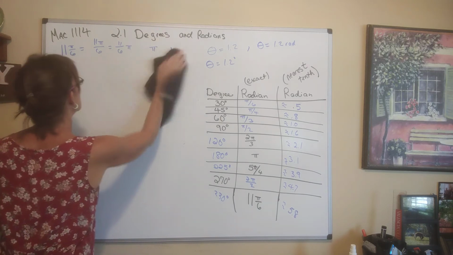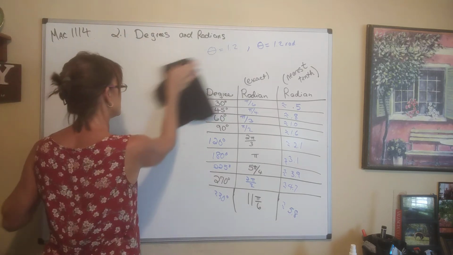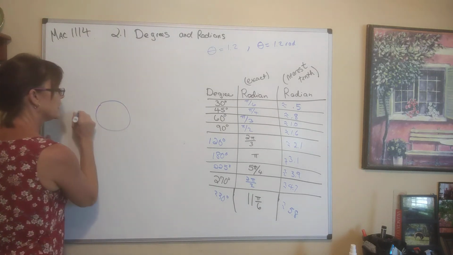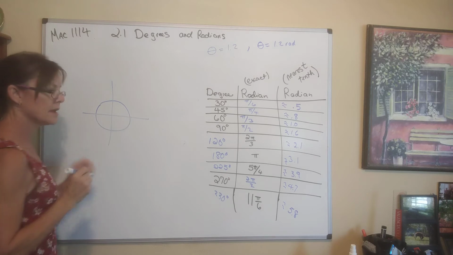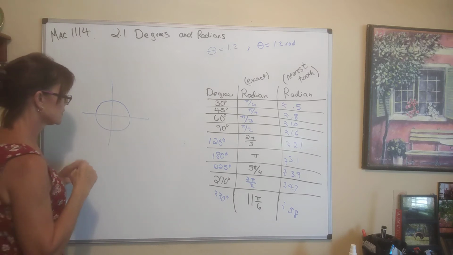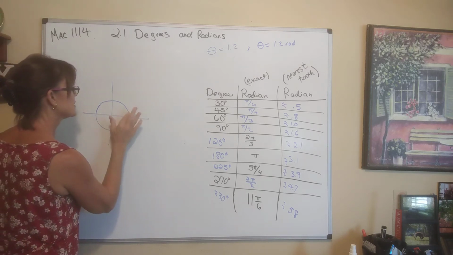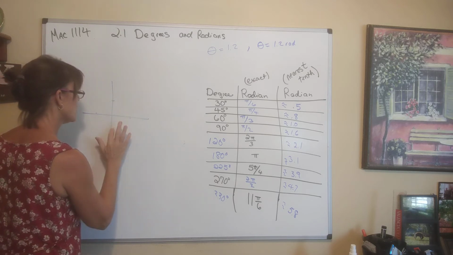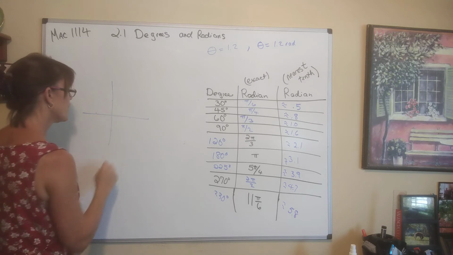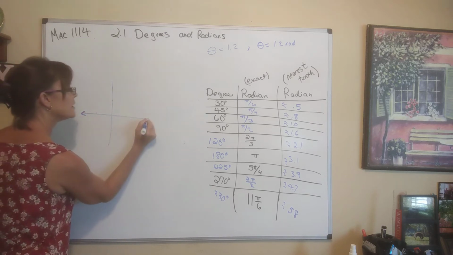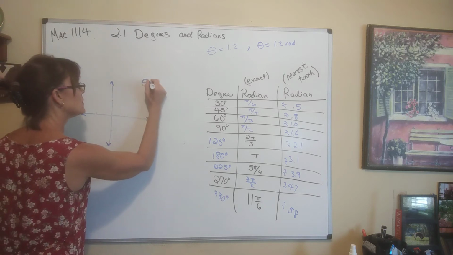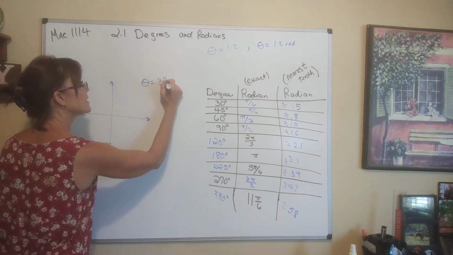Now, what if I just want to draw a couple of angles. So let's just say I have an axis here, and I want to talk about angles. We know that you can call out an angle in 2 different ways. So first, let's draw an angle called 37 degrees.